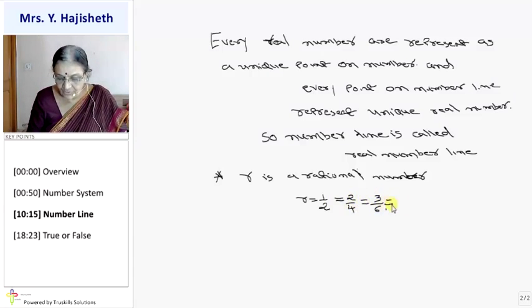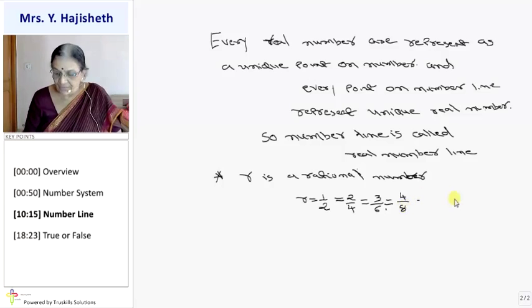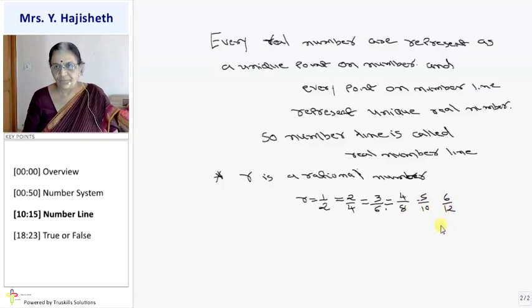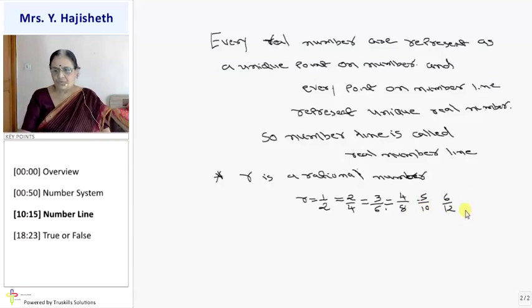Right? It is also written as 4/8 and so on. All these rational numbers represent a unique rational number, 1/2. All these, 5/10 or 6/12, the reduced form, simplified form is 1/2. So many rational numbers represent a unique rational number.